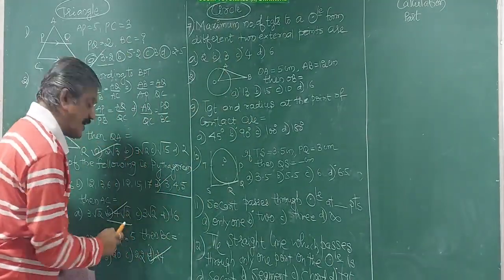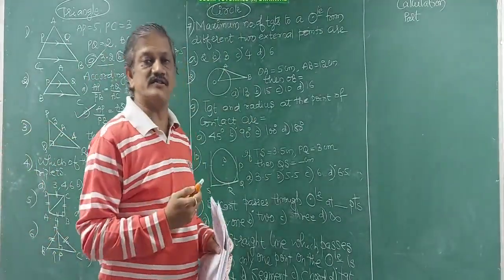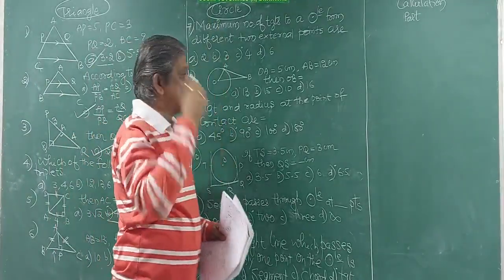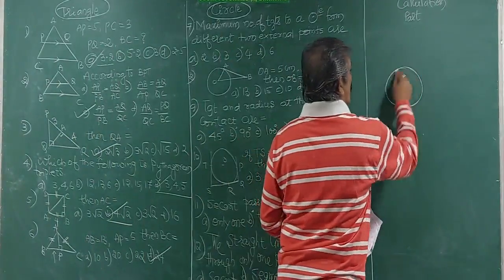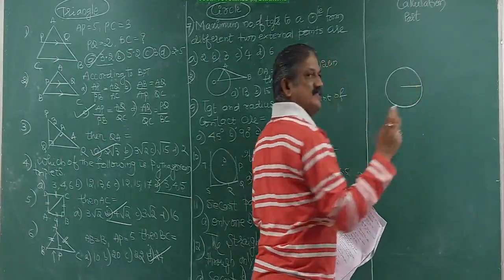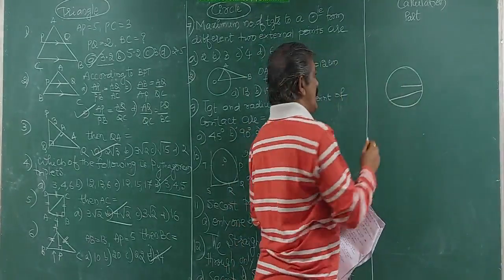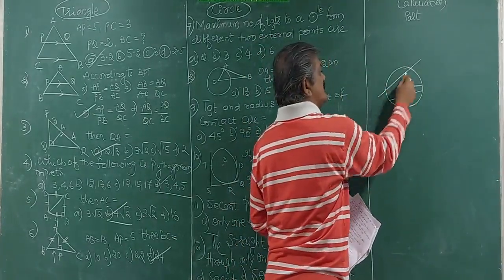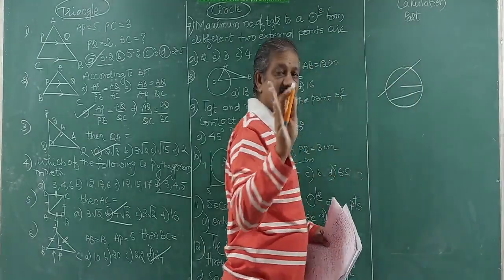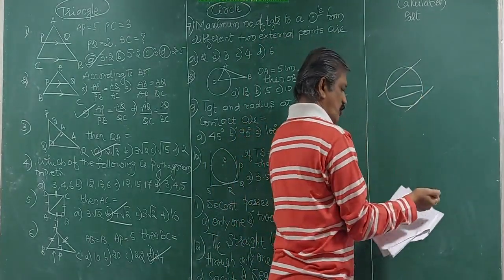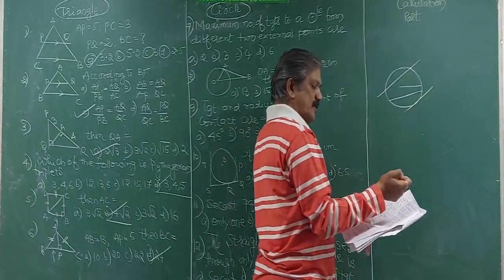Like that, in a triangle, you prepare by yourselves. In circle, you must remember, this is called radius, common sense. It is called chord. It is called secant, which meets at 2 points. They may ask, this is tangent, which passes through only 1 point.